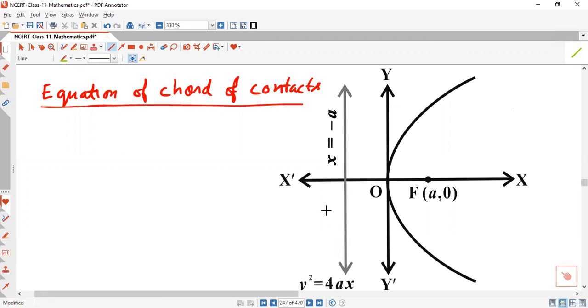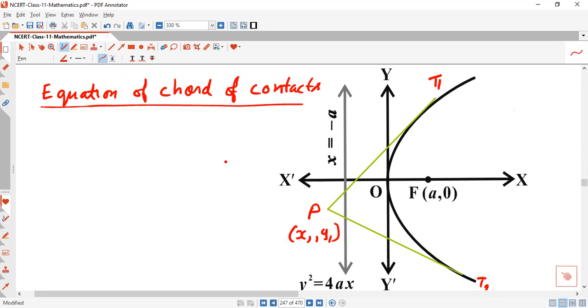Let's suppose we have a point, and we draw the tangents on the parabola. So this is the external point P, and its coordinates are x1, y1, and we draw the two tangents, tangent T1 and tangent T2, on the parabola.